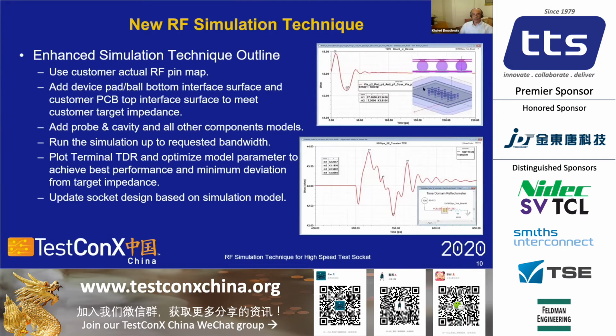And then we add the socket simulation to this model. By adding the socket simulation to this model, now we know that the board already meets the customer target impedance. Adding the socket into the model, we can now characterize the socket itself and make sure that we fine tune the socket design parameter or the socket simulation parameter to obtain a good result and also to minimize the deviation on impedance.